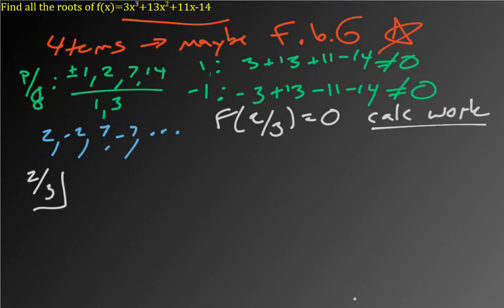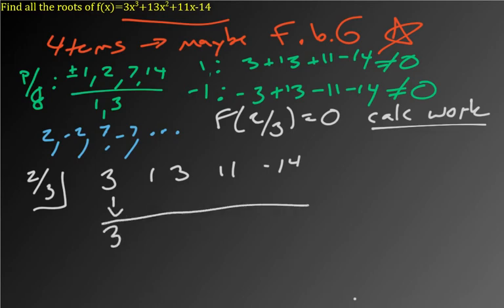So now we know we can divide 2/3 in, do synthetic division. In this case, we'll get a 3 here, a 15 there, 21 there, 14 there, 0 there. This should have happened, right? Because if we don't get 0, then we're doing something wrong with our division.